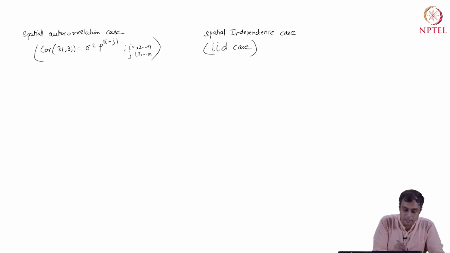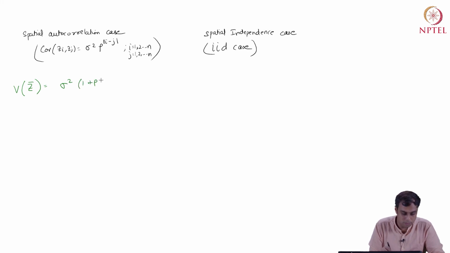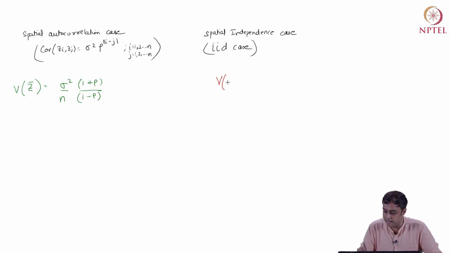Now in the spatial autocorrelation case, my variance of Z bar turns out to be sigma squared over n multiplied by 1 plus rho over 1 minus rho. And in the spatial independence case, the variance of Z bar was simply sigma squared by n.